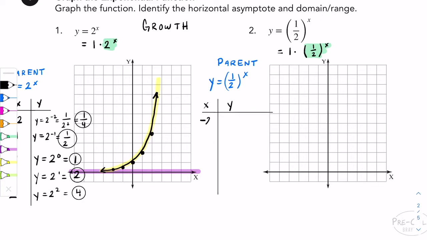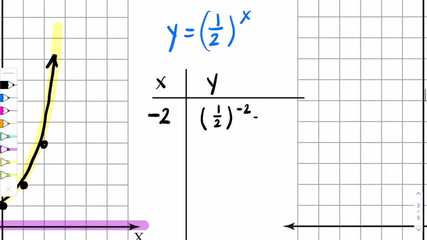We start with -2. 1/2 raised to the power of -2 is the same thing as saying 1 raised to the power of -2 divided by 2 raised to the power of -2. Because you have two negative exponents, you can switch the location and they become positive. 2 squared is now in the numerator, 1 squared is in the denominator. 2 squared over 1 squared is 4.